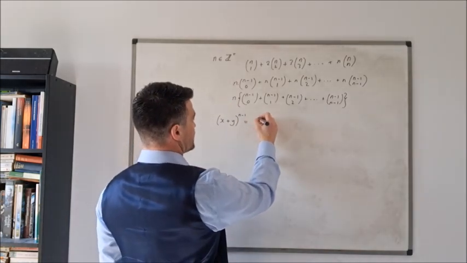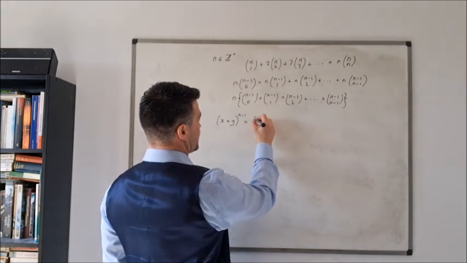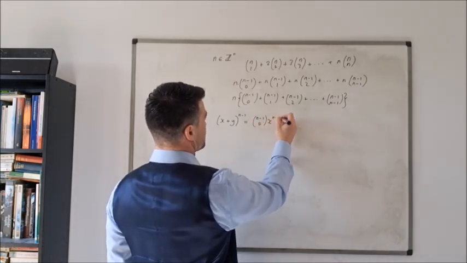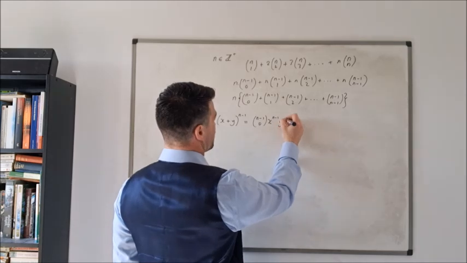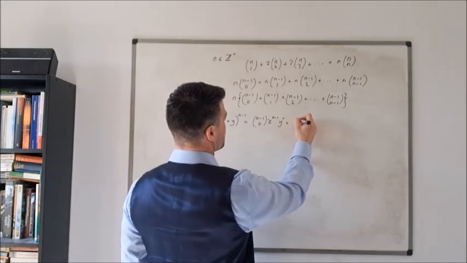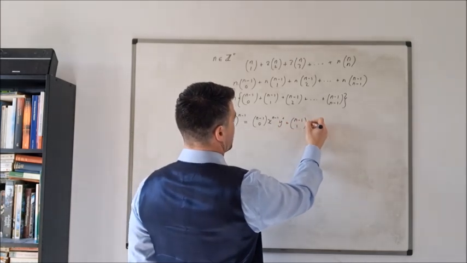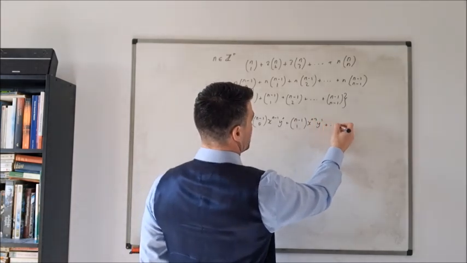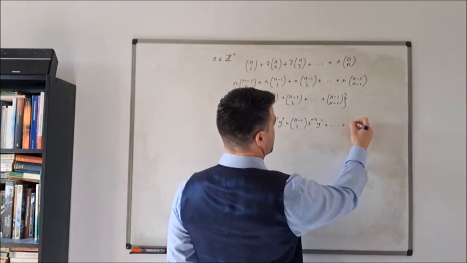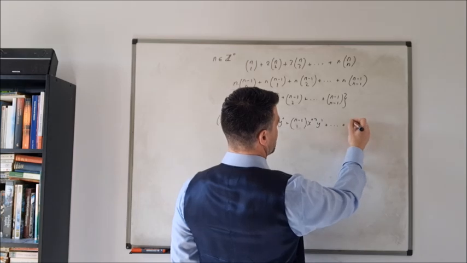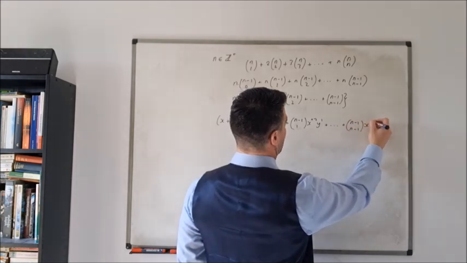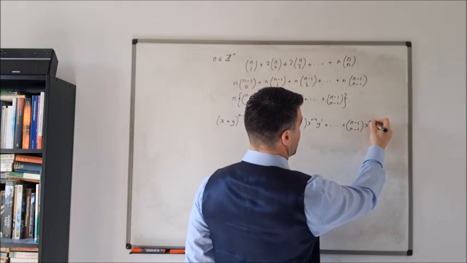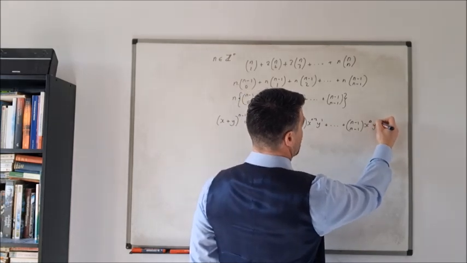It's going to be (n minus 1 choose 0) times x to the power of n minus 1 y to the power of 0, plus (n minus 1 choose 1) x to the power of n minus 2 y to the power of 1, plus all the way up to (n minus 1 choose n minus 1) x to the power of 0 y to the power of n minus 1.